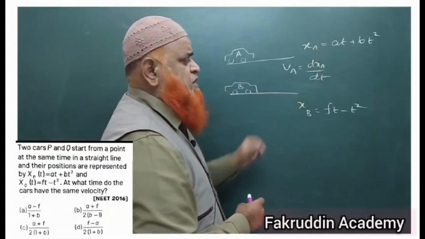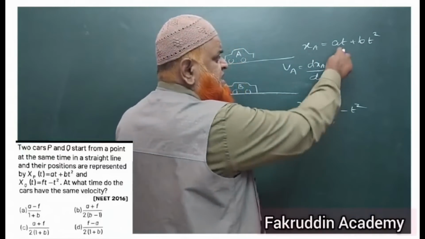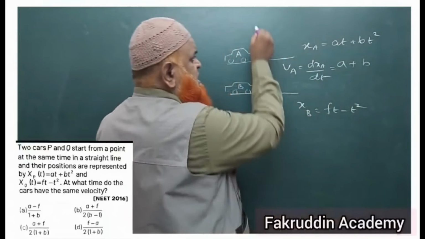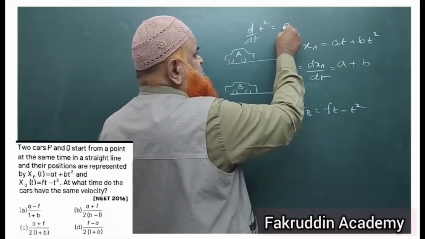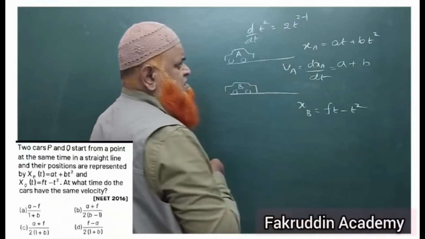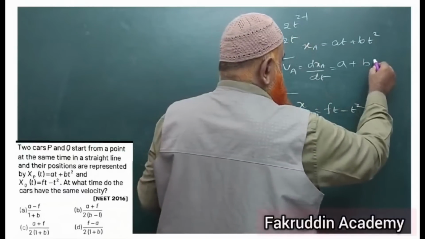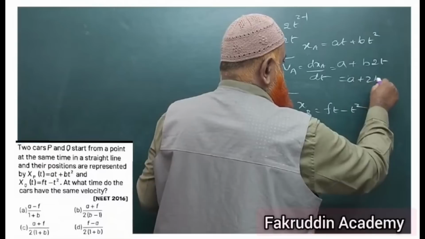If you differentiate, a is constant, dt/dt is going to be 1, plus b is constant, and the differentiation of t² is 2t^(2−1), which is nothing but 2t. So this can be written as a + 2bt.